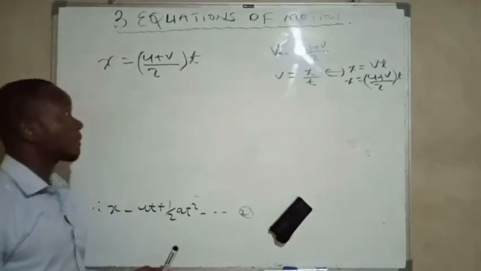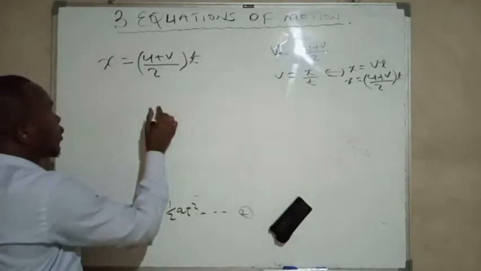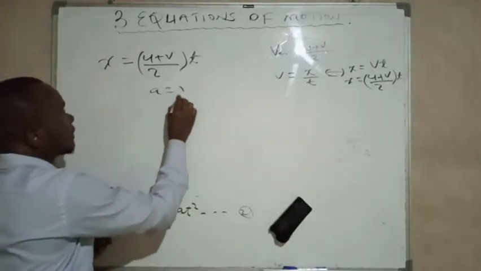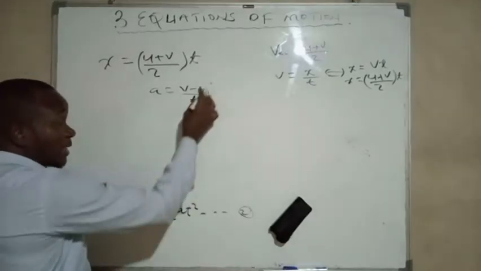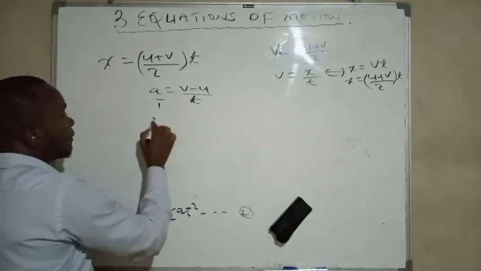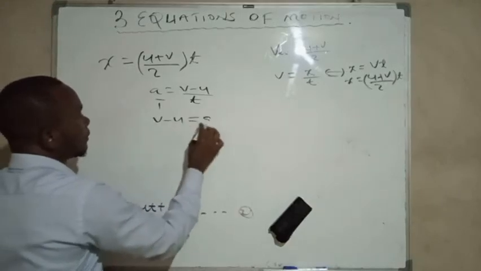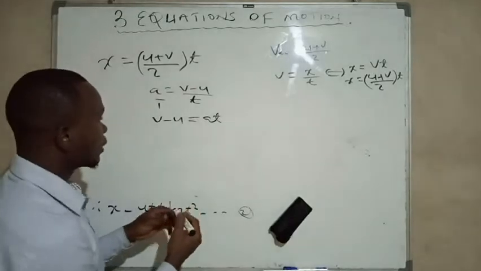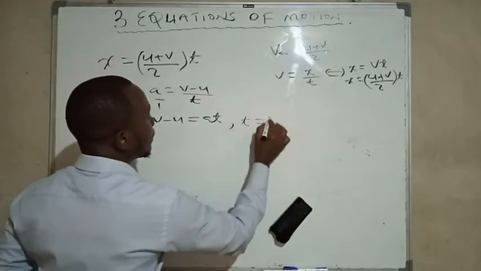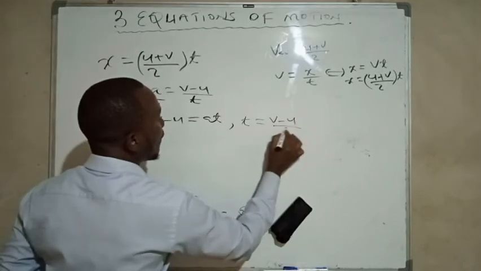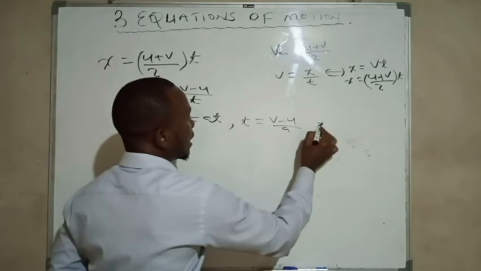Now from this, we know from the equation of acceleration, which is a equals v minus u over t. So if we make t the subject from this, what we're going to have is v minus u is equal to at. So t is equal to v minus u over a. Let us call this asterisk 1.